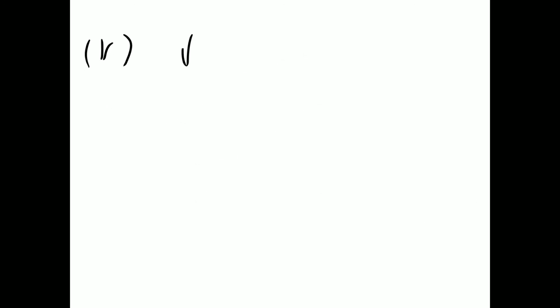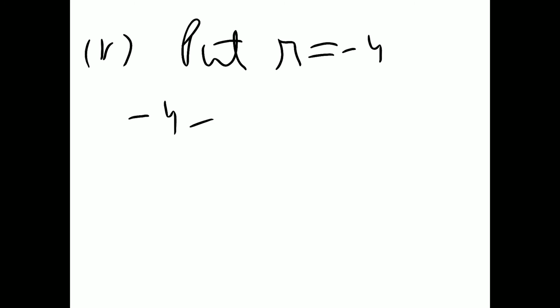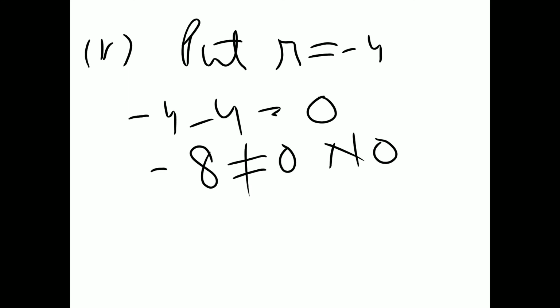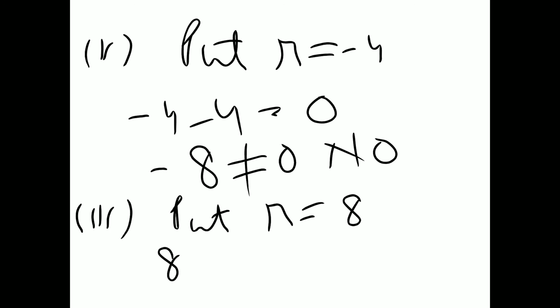This time you have to put R is equals to minus 4. So minus 4 minus 4, it should be equals to 0. Is it equals to 0? No, it is minus 8. Not equals to 0, so you write no. Third part, put R is equals to 8. 8 minus 4 should be equals to 0. 4 not equals to 0.